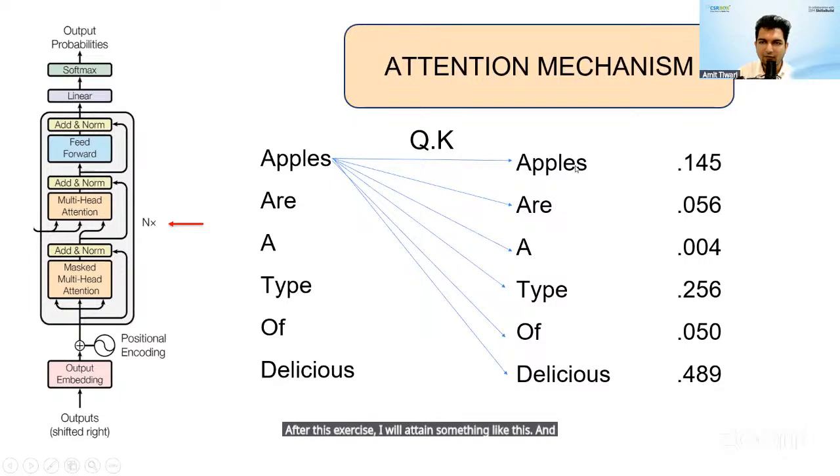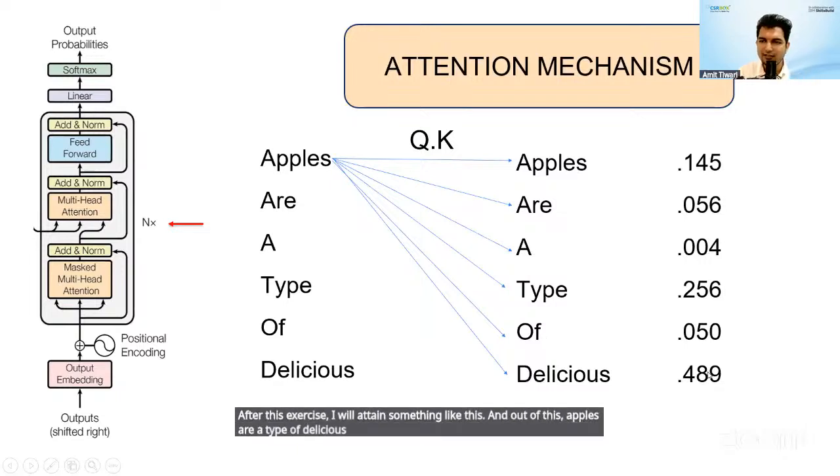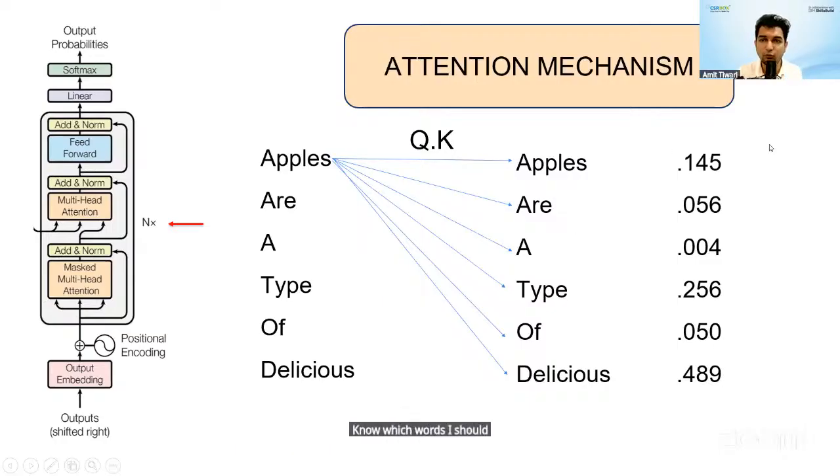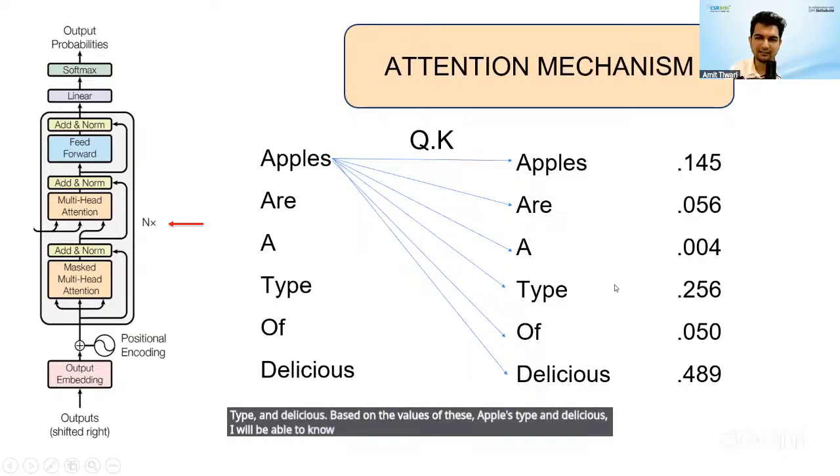Based on this score, I will know which words I should pay attention to in order to get the next word. So if I pay attention to only apples, type, and delicious, based on the values of these, I will be able to know the next word in this sequence.